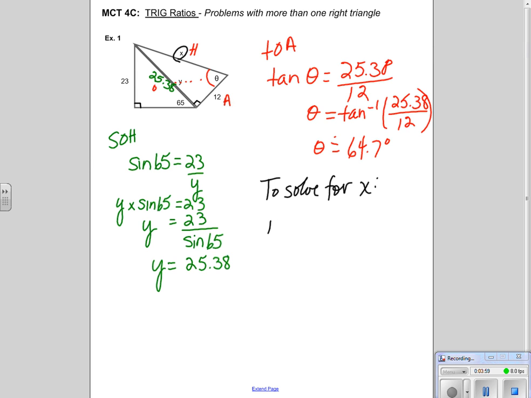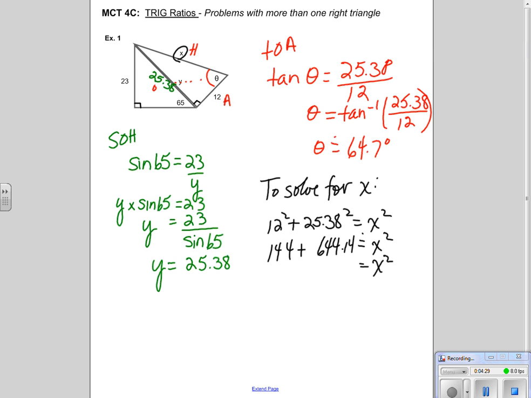I know that 12 squared plus 25.38 squared equals x squared. Let's do 12 squared, 144, and 25.38 squared. Oddly, I can't do that in my head. Squared is 644.14.